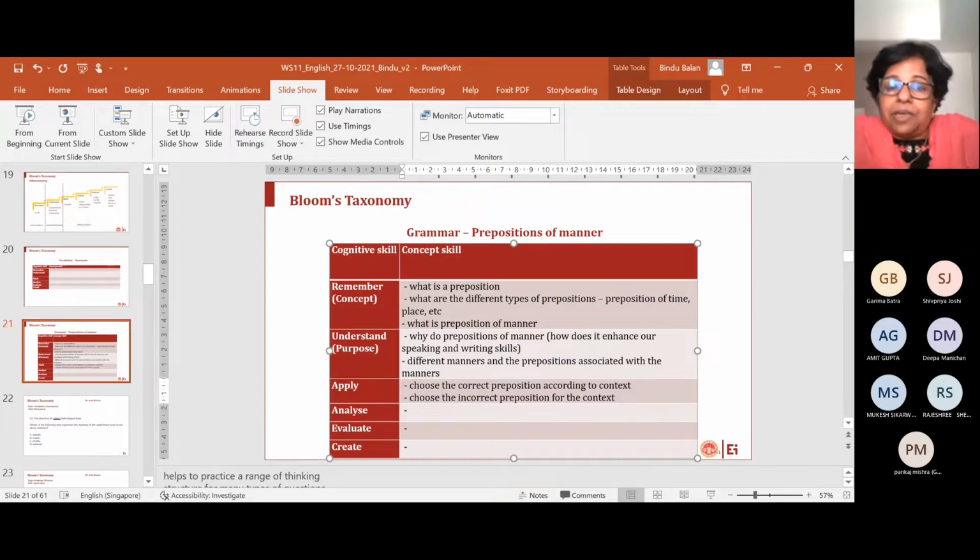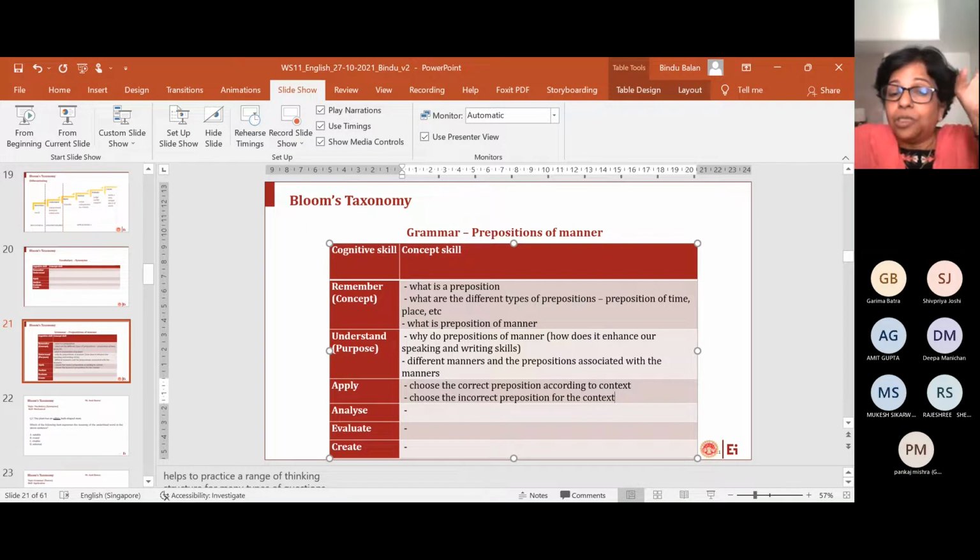These are the places where they are applying their knowledge. So when you are giving them a sentence, first they have to understand that this context needs a preposition of manner, and then they have to understand the context of the sentence and then decide which preposition to use, and then they have to apply.